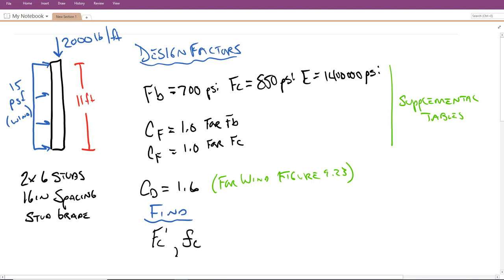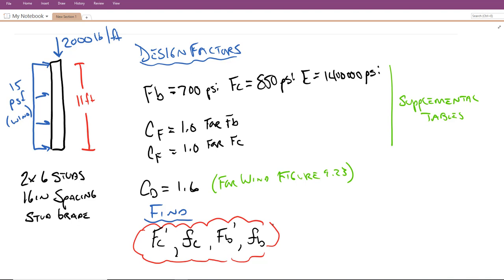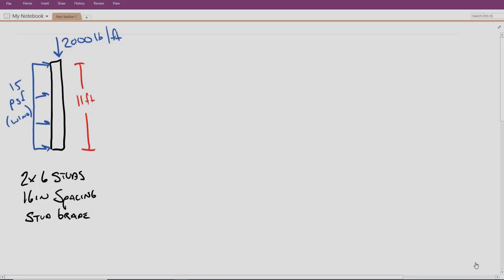And then we would need our actual compressive stress. We need our allowable bending stress adjusted and our actual bending stress. Those are the 4 different parameters that we want to actually find to plug into the interaction equation. I'm going to erase now, and we'll solve each of those 4 factors and then plug them into the equation.